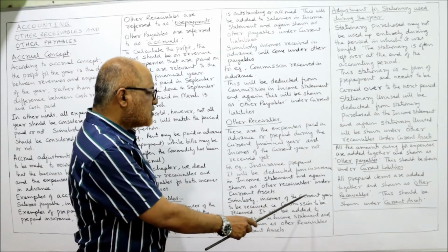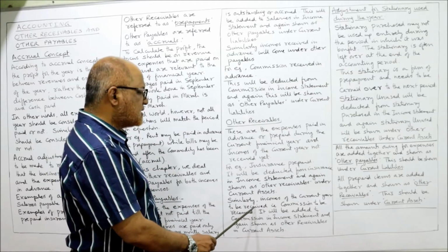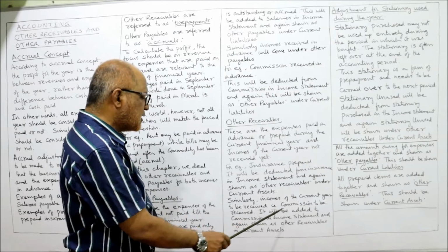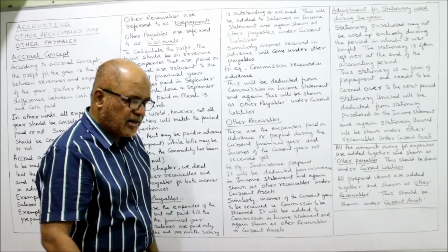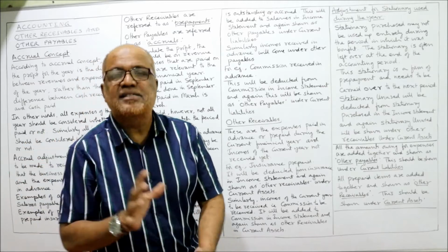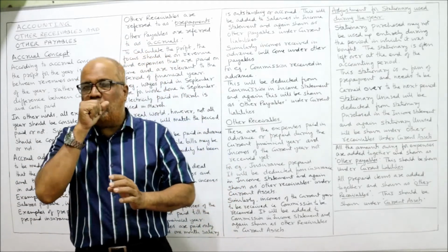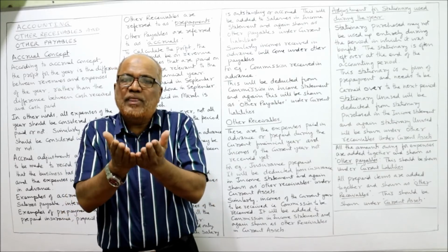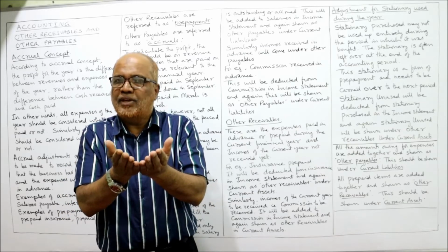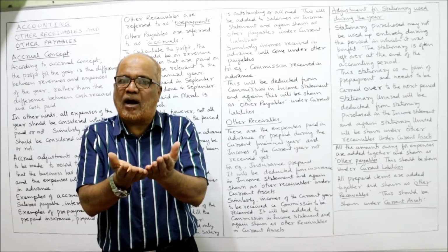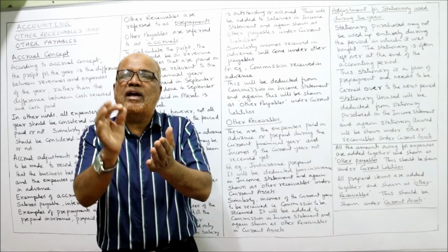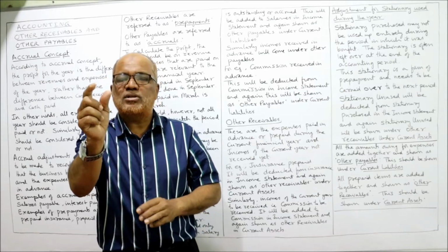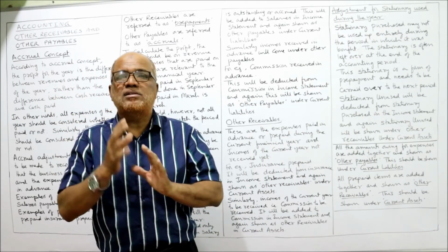Similarly, incomes of the current year to be received, that is commission to be received, will be added to commission in the income statement and again shown as other receivable in the current assets. Second example regarding commission to be received. If you open the commission received account, you will find commission received 80,000. But the adjustment says that 20,000 commission is still to be received.